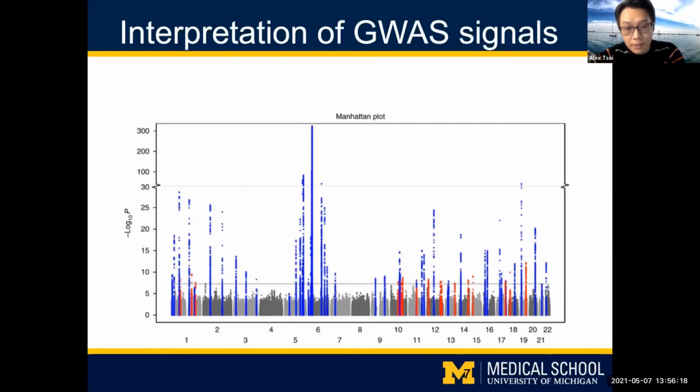It turns out that the majority of them, over 80% of those psoriasis-associated loci, overlap with regulatory elements, which means they are not changing the function of the protein, but instead are changing the expression levels of the genes that they target.